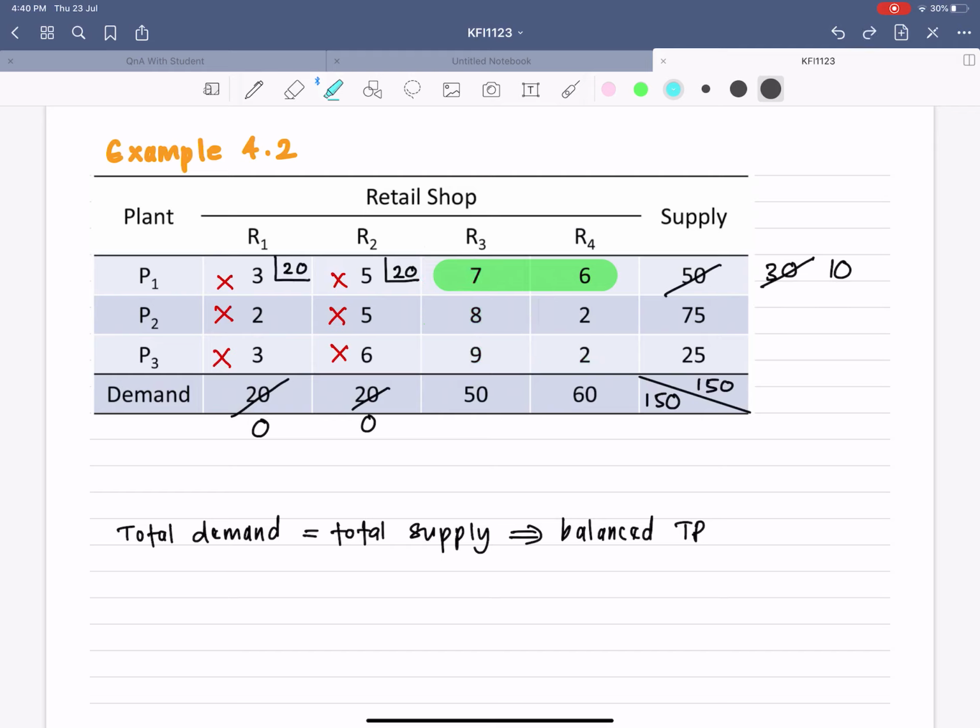Therefore, we will consider this particular cell as the northwest corner. In this case, we need to compare the value of supply from the first row with the value of the demand from the third column, the green one. 10 and 50, 10 is less than 50, so we will allocate 10 here. 10 minus 10 is 0, so here we have 0.